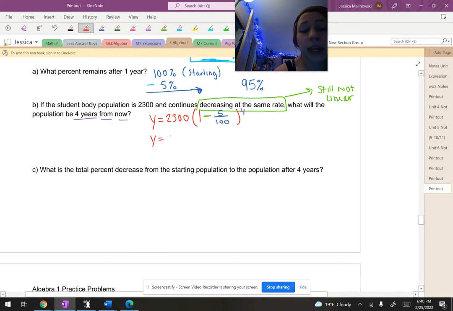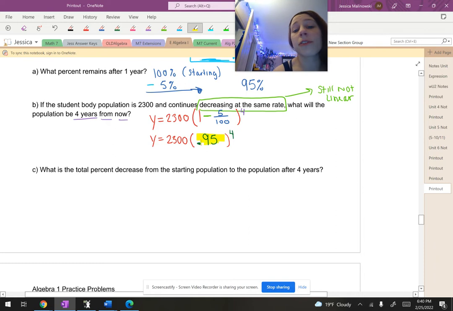So I'm just going to, again, simplify this a little bit so we can take a look at what happens inside those parentheses because it is worth talking about. 5 divided by 100 is 5 hundredths, and 1 minus 5 hundredths leaves me with 0.95 or 95 hundredths. And again, that 95 hundredths isn't random. That's the percent that's left over.